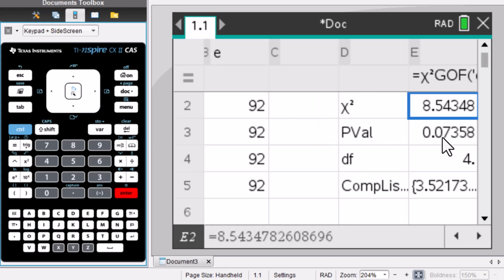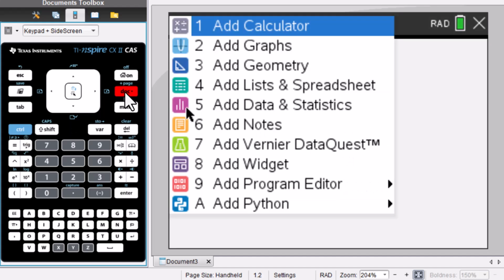We got this answer. The chi-squared statistic is 8.54. P-value 0.0736. If you want to see this result clearly, we can add one more page. Control Doc.